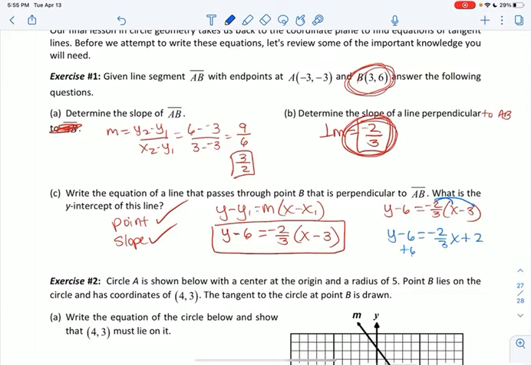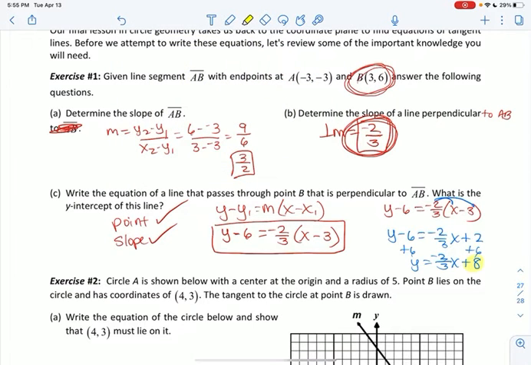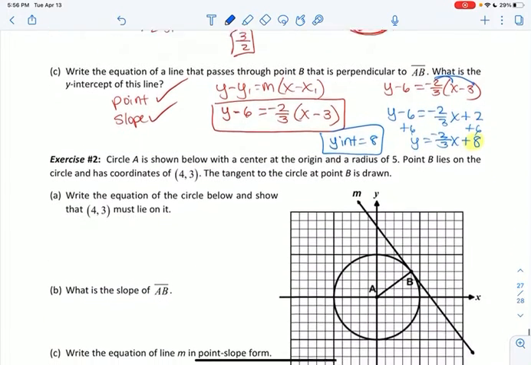Then I'm going to add 6. Once it's in this form, I can easily see that my y-intercept is 8. Remember, y equals mx plus b, so my y-intercept is 8. I'll write that right here: y-intercept equals 8. Okay, that was the first one.